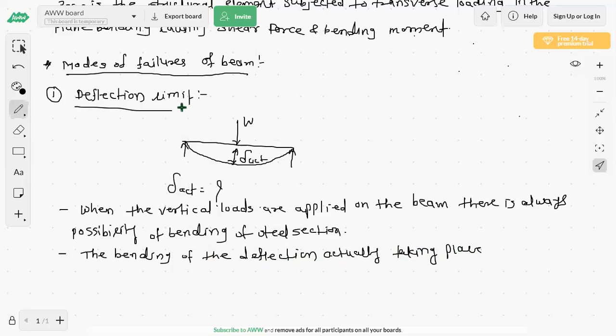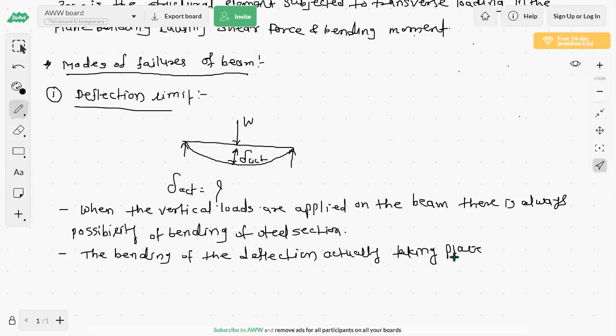Because you may be asked a theory question in an examination on the modes of failure or the deflection limit or the next modes of failure. So why I am giving it in writing is that in one or two theory examinations they have asked the question about the modes of failure of the beam. Okay, that's why I'm giving it in writing.